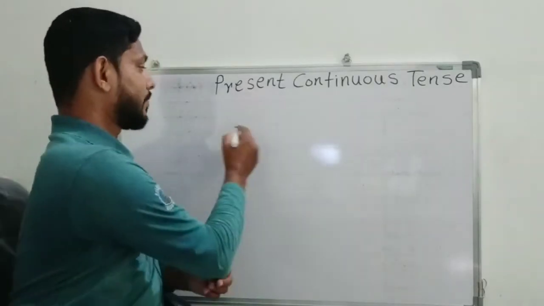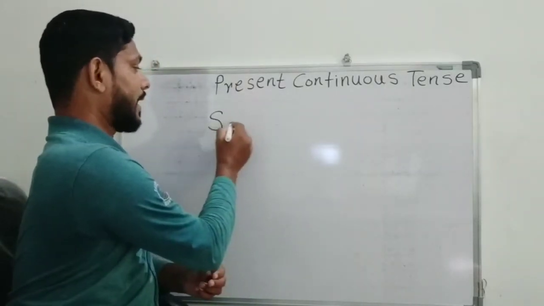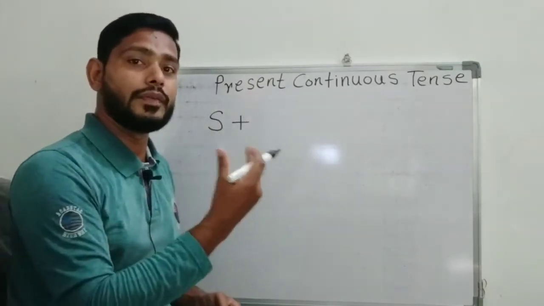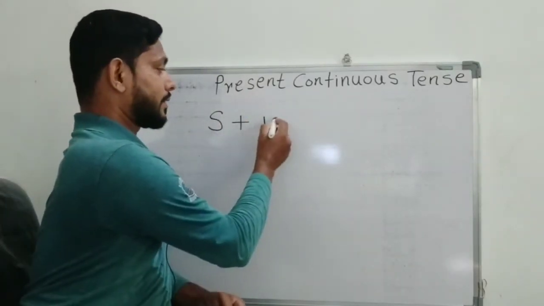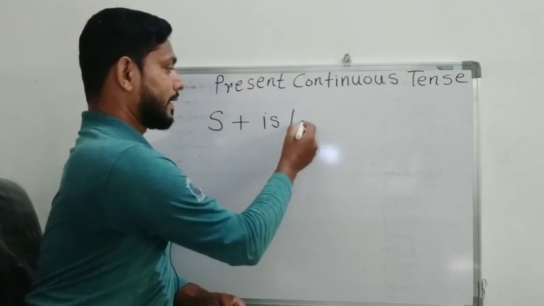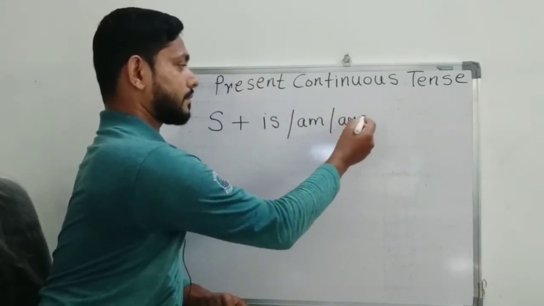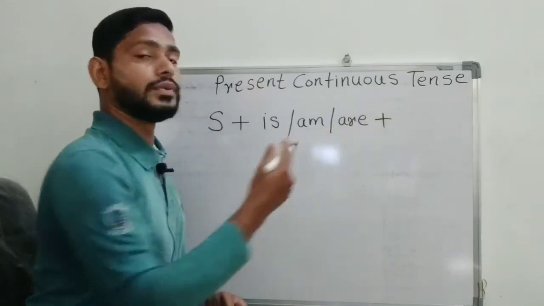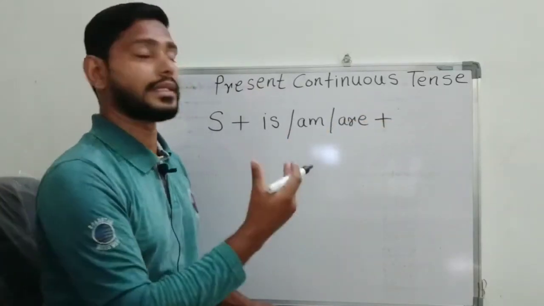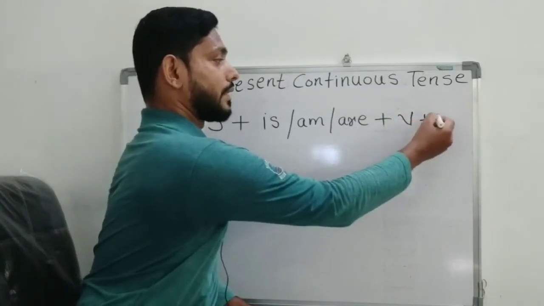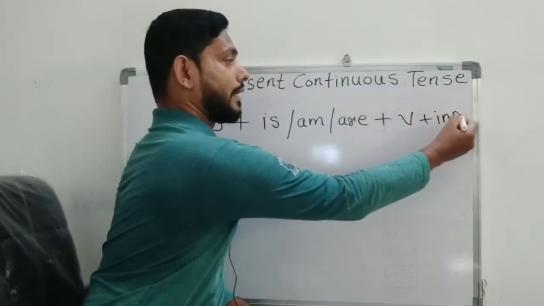First of all there must be a subject, then the auxiliary form of the verb be in present continuous tense: is, am or are. Then we have to use the ing form of the present participle verb. That means the verb has to be in ing form.